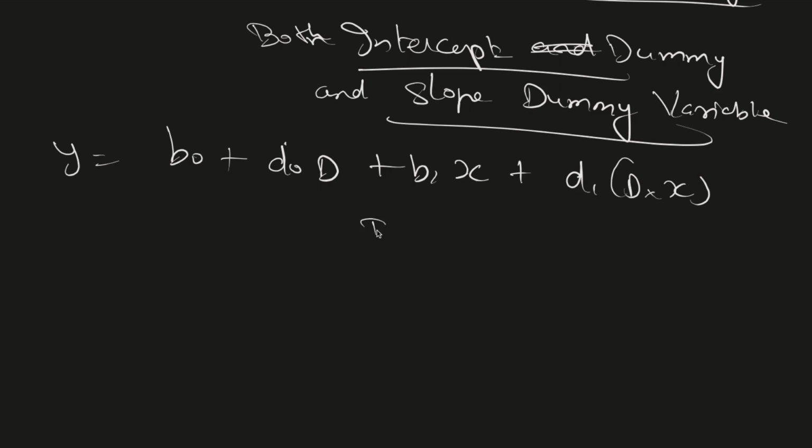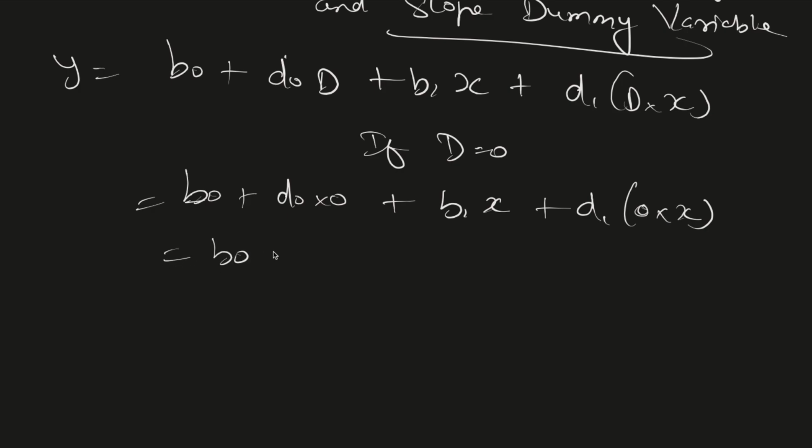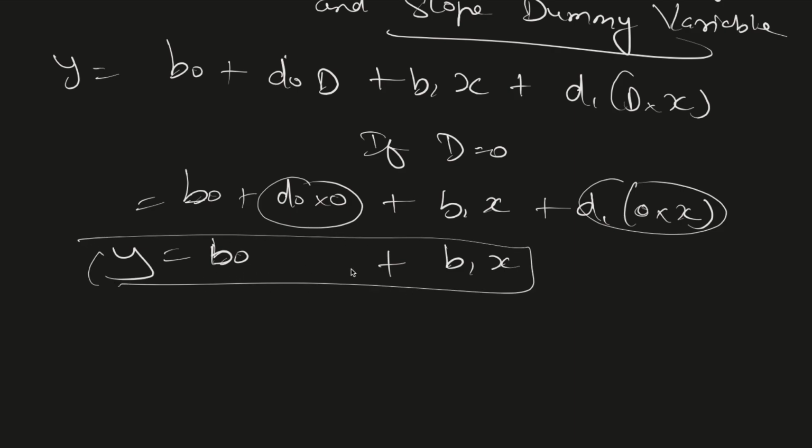This is the equation. If D is equal to 0, in the absence of the qualitative event, then b0 plus d0 into 0 plus b1x plus d1 into 0 into x. This becomes b0, this becomes 0, plus b1x, all this becomes 0. So this is the normal equation, b0 plus b1x.